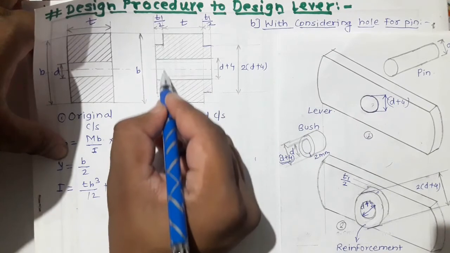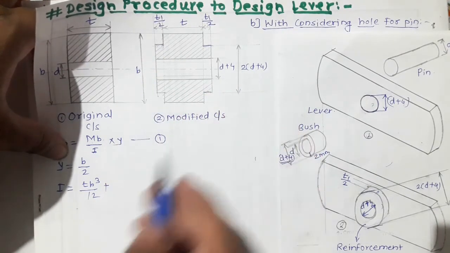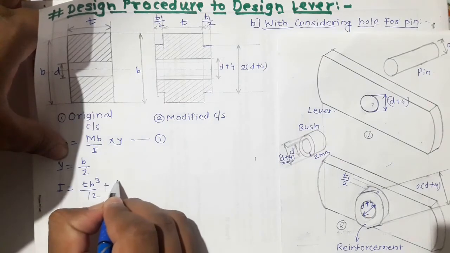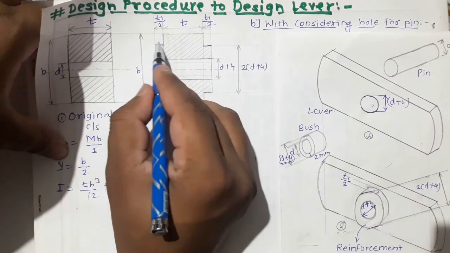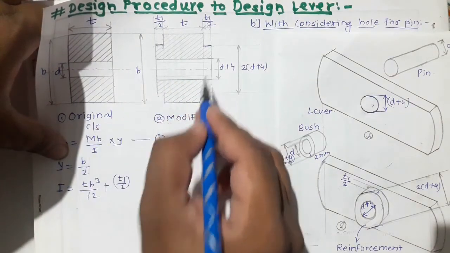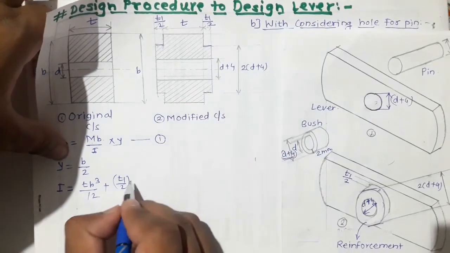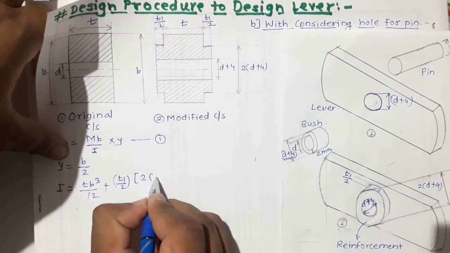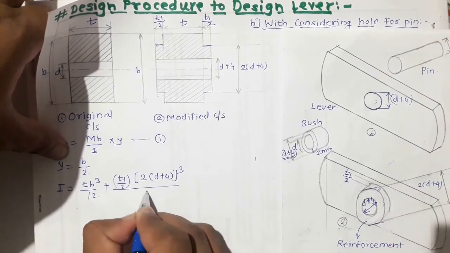So its moment of inertia will be T1 by 2, because this T1 by 2 edge is parallel to the neutral axis as it is, and the cube of this side which is perpendicular to the neutral axis. So twice D plus 4 cube upon 12.